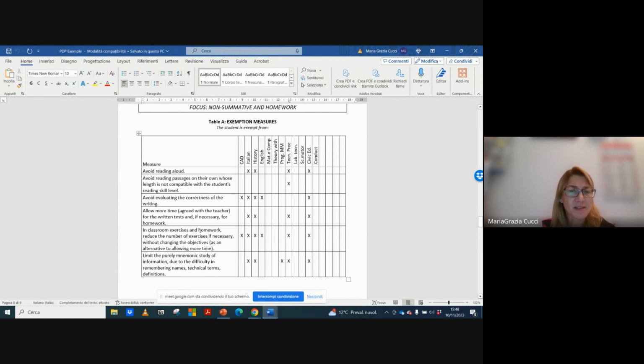In classroom exercises and homework, reduce the number of exercises if necessary without changing the objectives, as an alternative to allowing more time. For instance, you do not have more time.